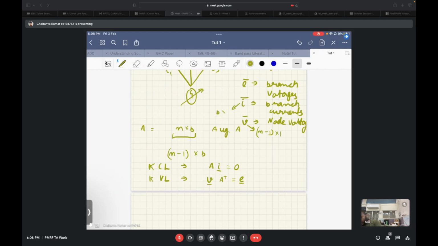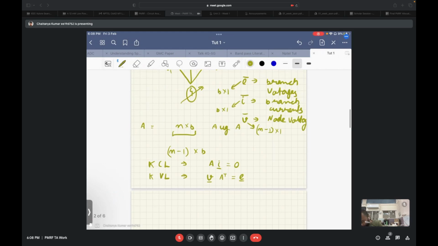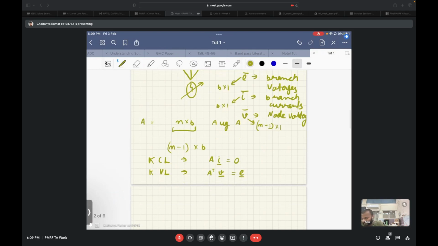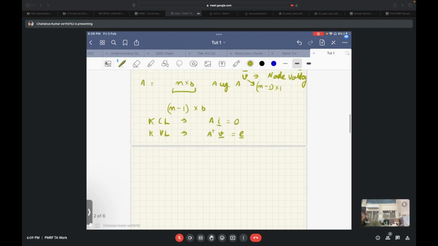I will be B cross 1, and similarly E will also be B cross 1. Sorry, this is written the wrong way around. So we have A transpose times V equal to E. So this is how we denote KCL and KVL.